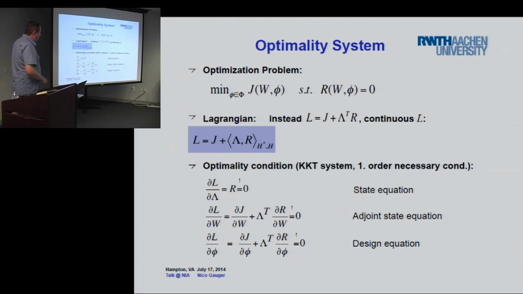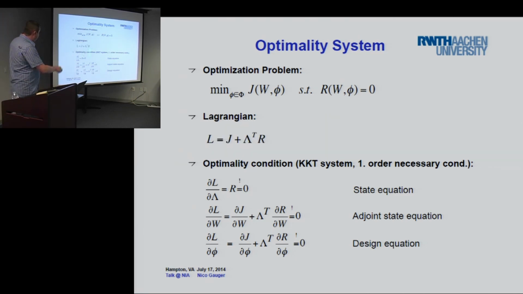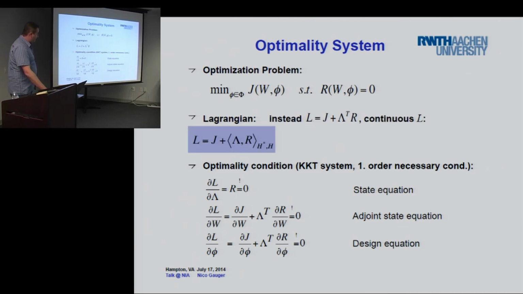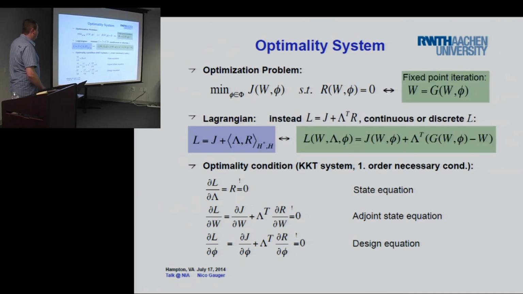The other thing is, I also don't like this setting for the discrete, because that's not what we are doing. If we are honest, when we solve R equals 0, we have an iterative process denoted here by this fixed point equation.